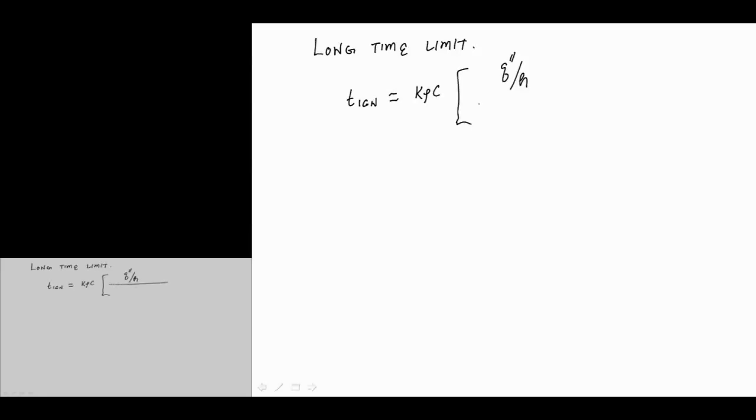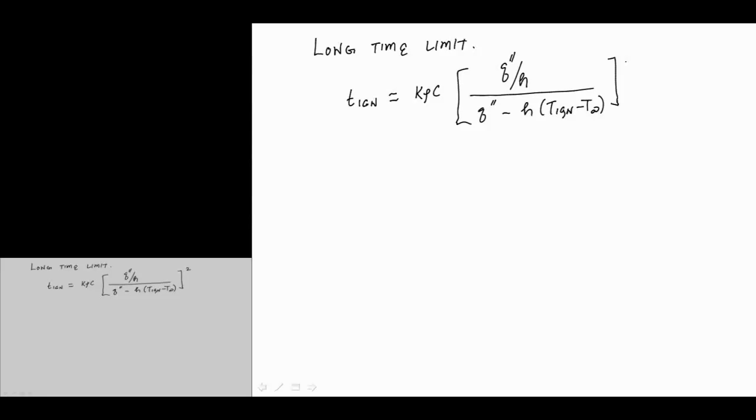Last thing I'm going to say is that in the long time limit, the ignition time looks like k rho c, this is sort of interesting, T ignition minus T infinity squared.